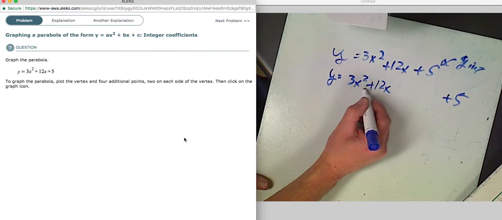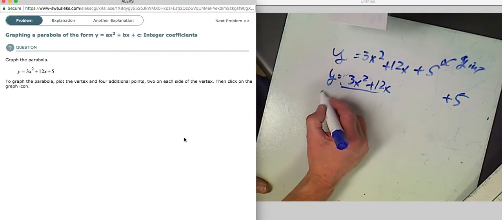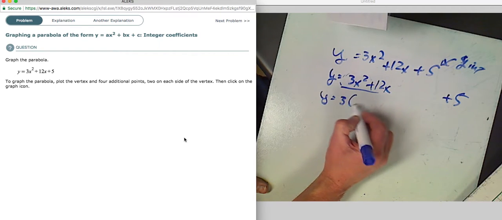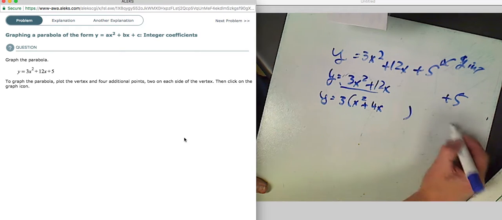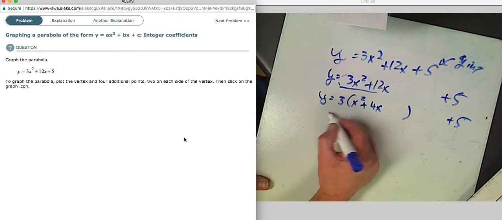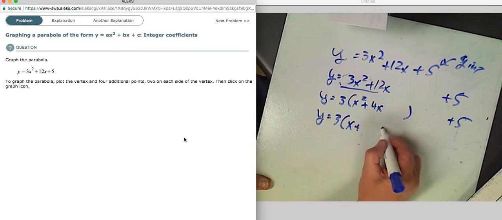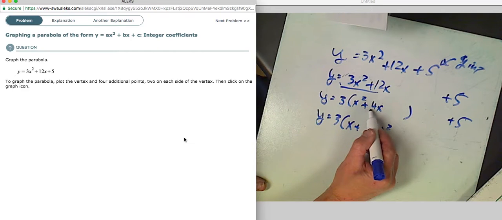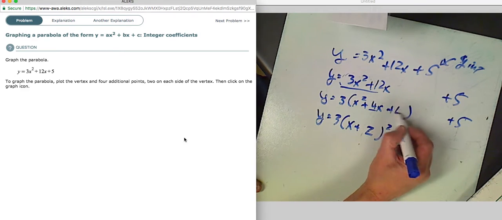So now I'm going to look at this. I'm going to factor out my A out of both of these terms, and so I'm going to say y equals 3 times x squared plus 4x, and then plus 5 over here. This is my B term, and half of 4 is 2, and 2 squared is 4.